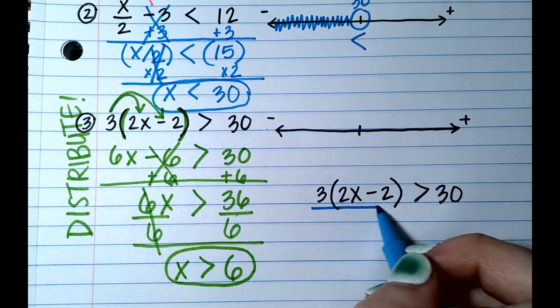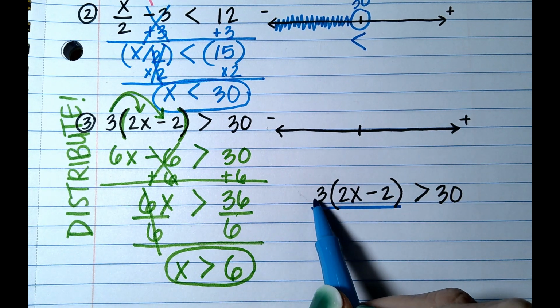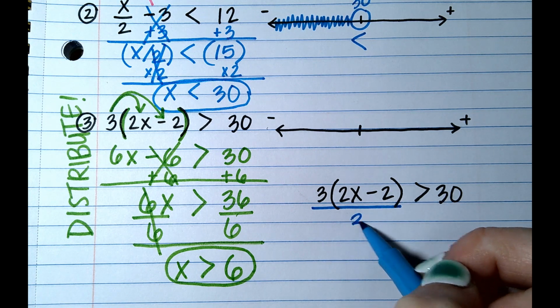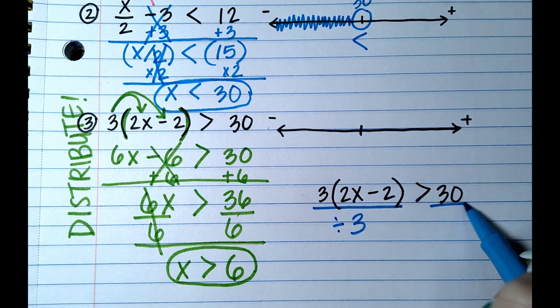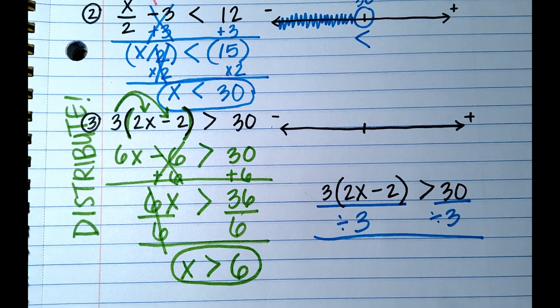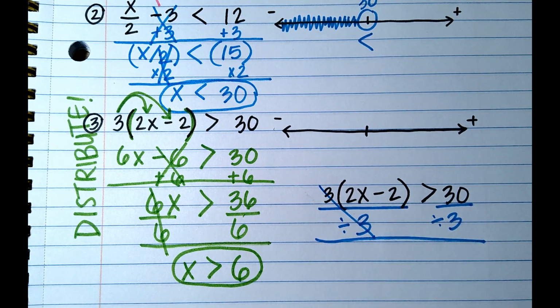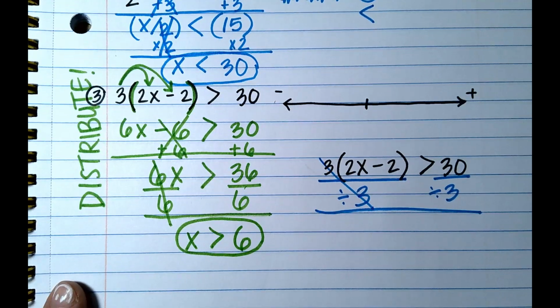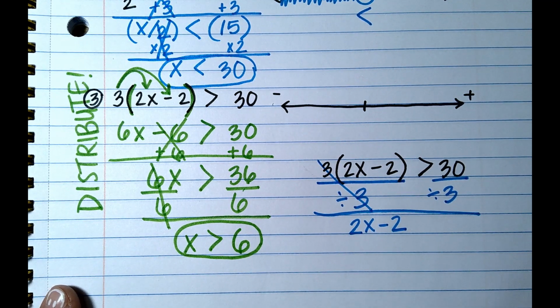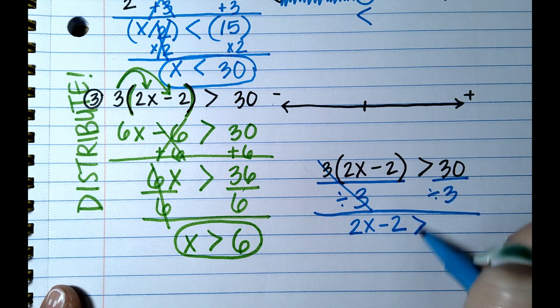Since this means 3 times what's in parentheses, to get rid of it, we could just divide by 3 on both sides. Okay? Good. The 3s cancel. 2x minus 2 comes down. Greater than.